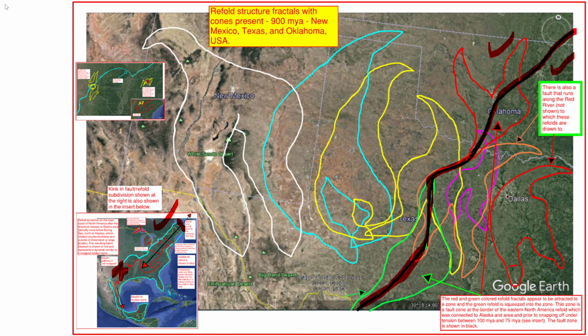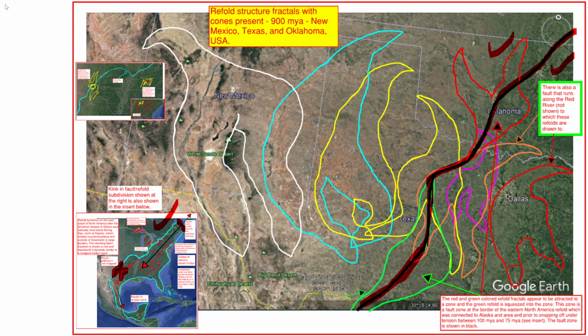So what I show here in the text box, I say the red and green colored refold fractals appear to be attracted to a zone, which is that fault zone. And the green refold is squeezed into the zone. Now keep in mind the red may be the same as the green. I'm not sure. It could be a phase kind of thing.